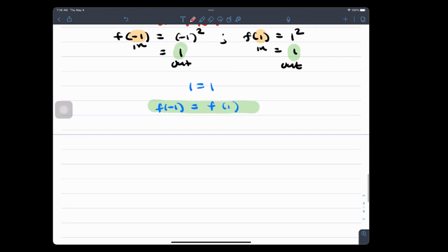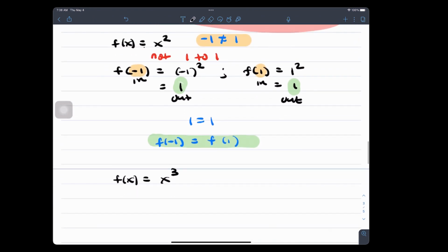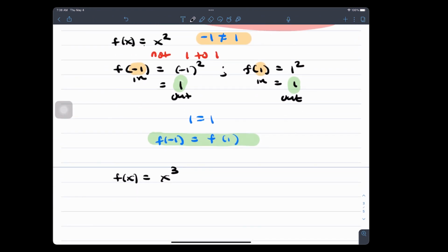All right. I'm going to look at a different function: x cubed. You might ask, is this function one-to-one?